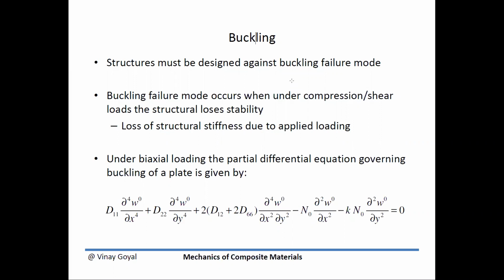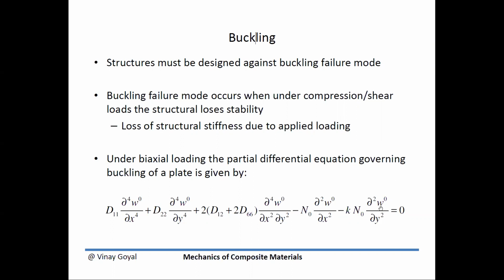But for now, my goal is to explain what the equation looks like for a biaxially loaded plate for which we're applying compressive load. And the compressive load will basically add these two terms. N naught is the magnitude of the load applied in one direction, and K times N naught is the magnitude applied in the other direction, in the Y versus the X.